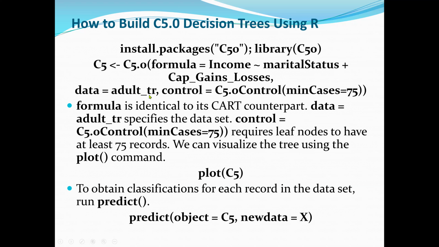So we have a.tr, control, C5.0Control, minCases equal to, again, 75. And then here we say the formula is identical to its CART counterpart. So data equal to a.tr.